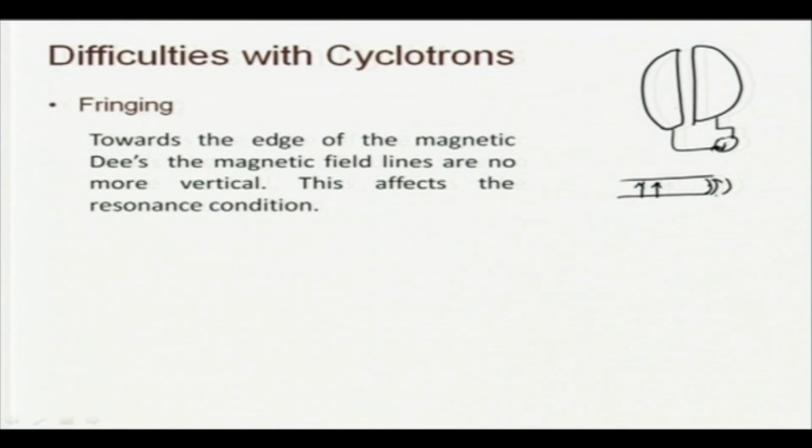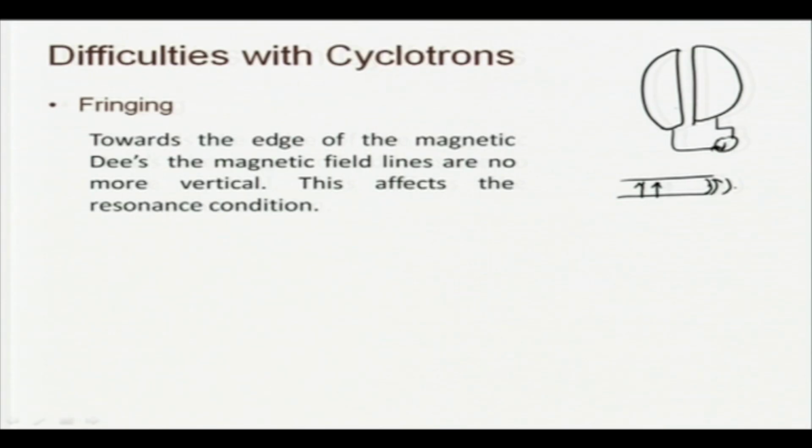That will have an effect on the resonance condition, which means the frequency of the motion of the particle and the frequency of the applied electric potential should be in sync with each other, and this will be disturbed when the particle enters a region where the magnetic field is not perpendicular, like towards the end of the Ds. So, this is one of the problems.